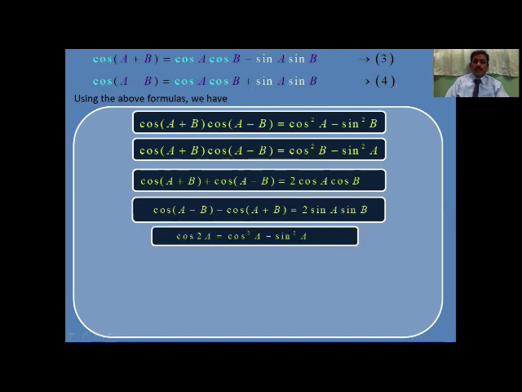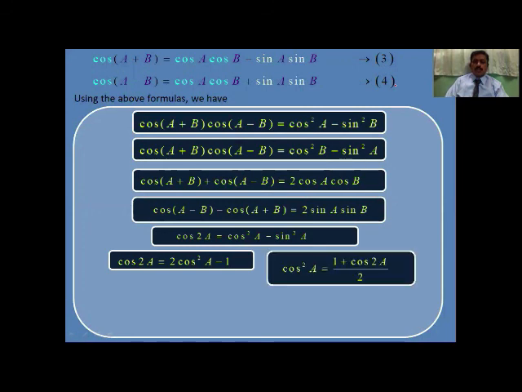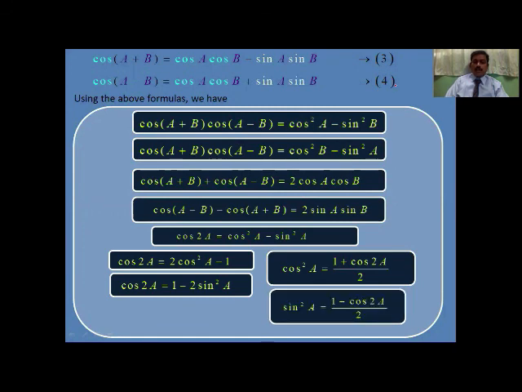Cos 2A equal to cos square A minus sin square A. Another formula is cos 2A equal to 2 into cos square A minus 1. Using this, we derived cos square A equal to (1 plus cos 2A) by 2. Another formula in the form of cos 2A, that is cos 2A equal to 1 minus 2 sin square A. Using this, we derived sin square A equal to (1 minus cos 2A) by 2.